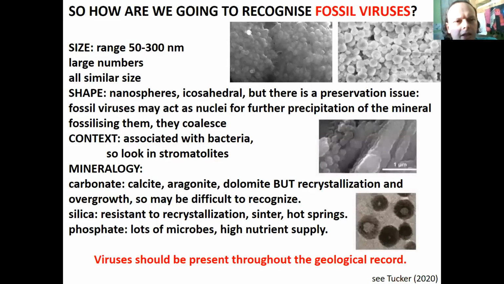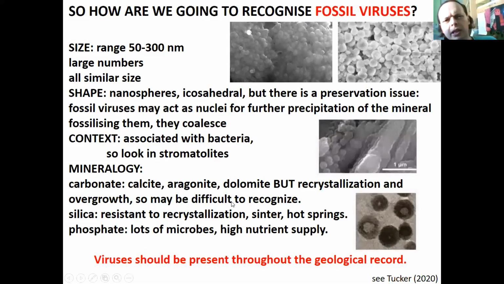But not always is the situation that bad for geologists, especially for young geologists who want to be on top as soon as possible. Okay, so the context of finding potential viruses, of course, is with bacteria. If there are bacteria, there should be viruses as well, if they are preserved, like, for example, stromatolites, microbial mats or similar fossil systems.